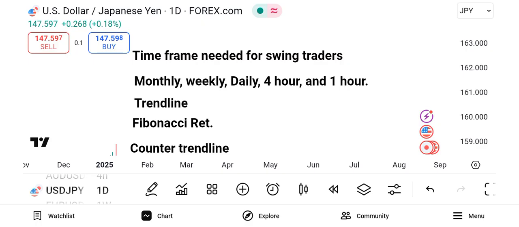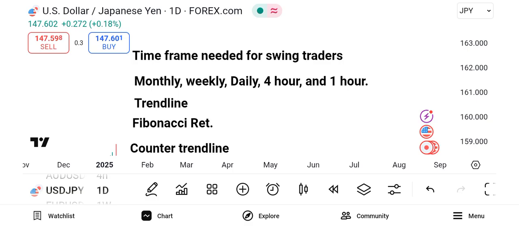The higher time frame needed for a swing trader is the monthly, where you check the overall market, because a lot of fund managers, hedge fund traders, and big companies capitalize on the bigger moves of the market. So they go to monthly to see the overall bigger picture before they do anything.